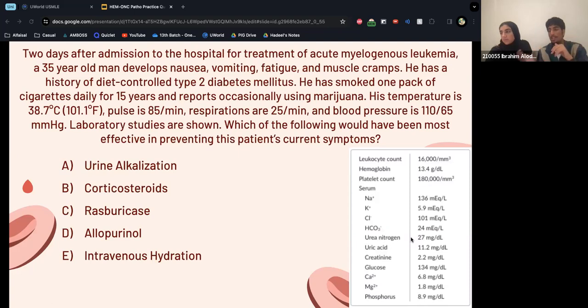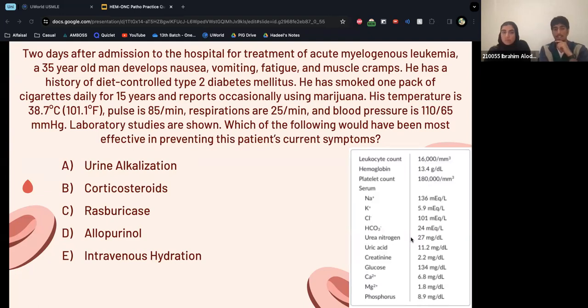Well, let's think it through. First, what is this patient having? He's having tumor lysis syndrome. Exactly.